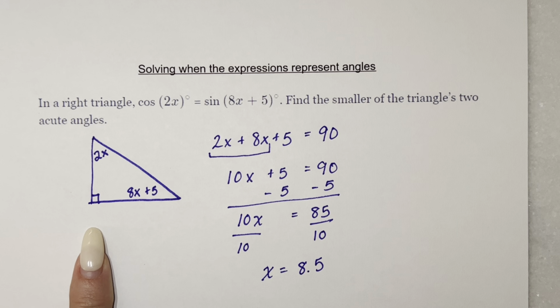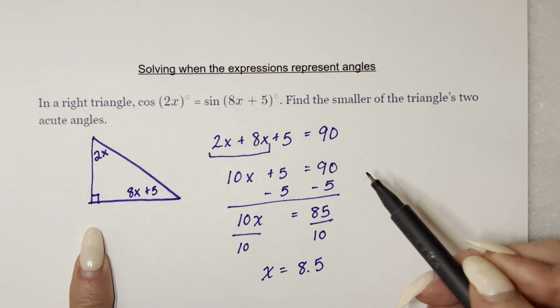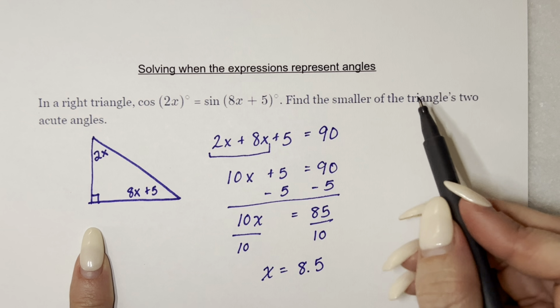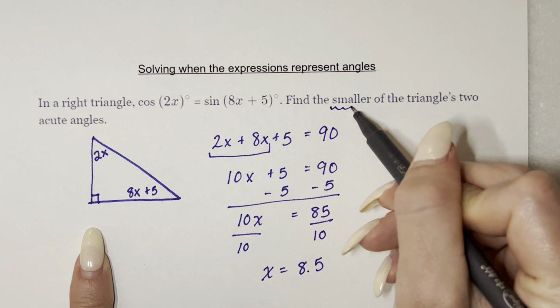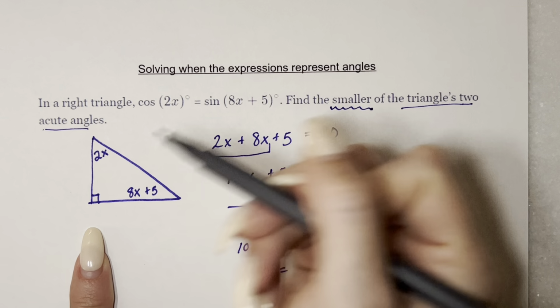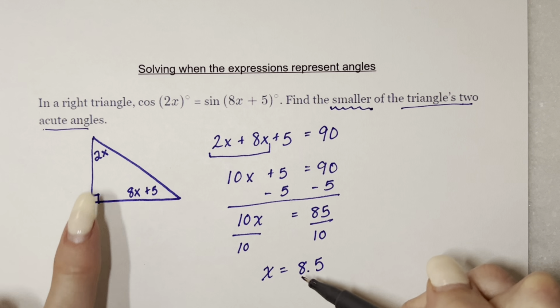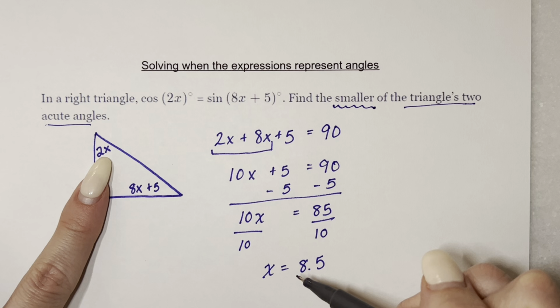Now this question does not ask you to solve for x. Some of the questions will, so you have to read the directions. This question says to solve for the smaller of the triangle's two angles. I think you can tell that this is the smaller one because you're just multiplying it by 2.